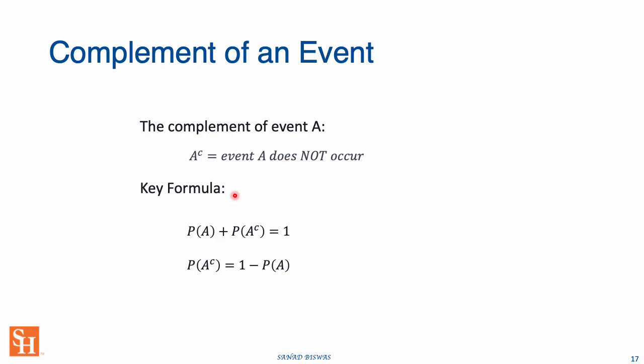There is also another important thing that we have to remember: the probability of A plus the probability of A complement is always 1, meaning the probability that A will happen plus the probability that A will not happen is always 1. From this equation we also get that the probability of A complement, that means the probability that A will not happen, equals 1 minus the probability that A will happen.